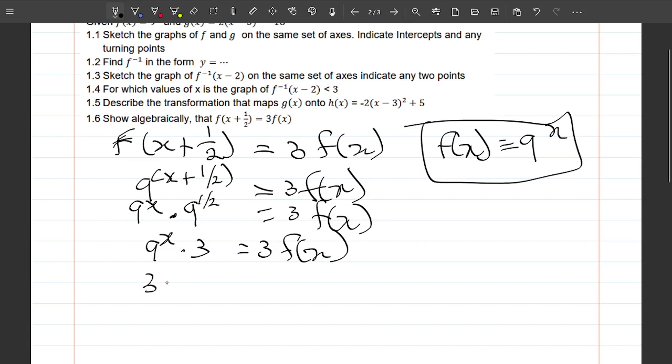So this is just 3 multiplied by f of x. Then I can say, therefore, my left hand side is equal to my right hand side. Done.